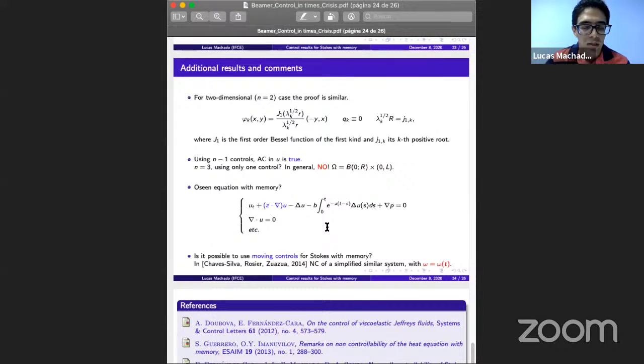In the case where Z is 0, we have the Stokes equation with memory. But I don't know when Z is different from 0. I don't know.